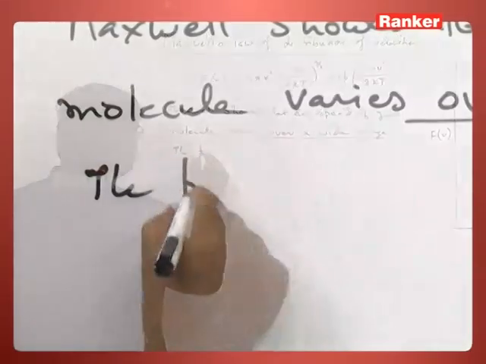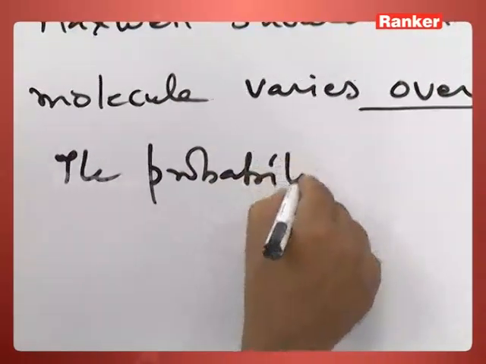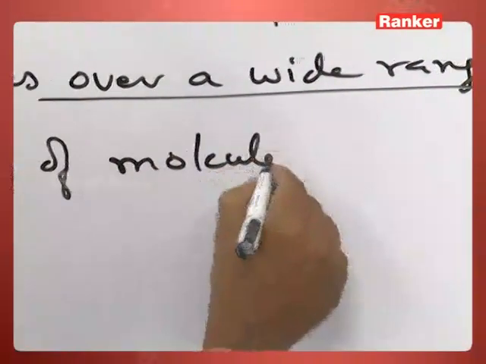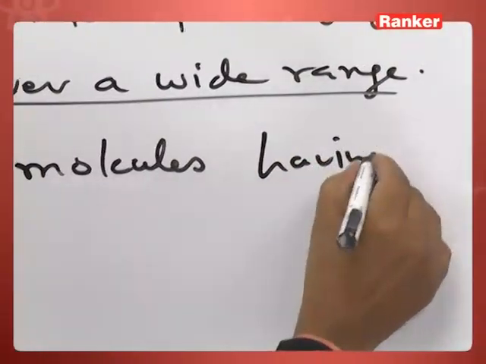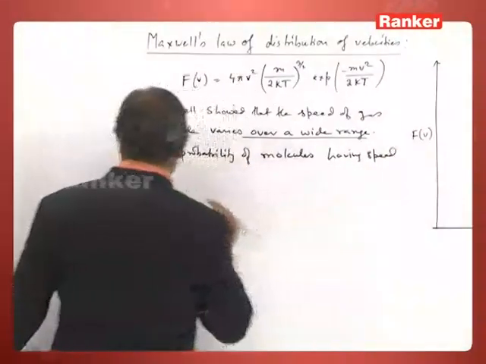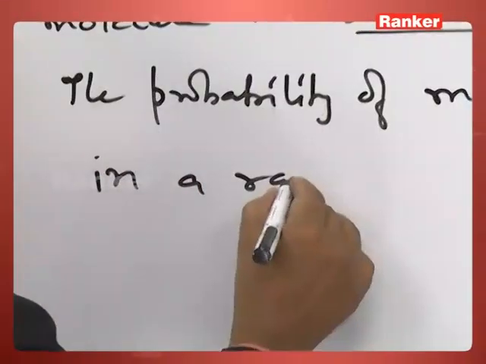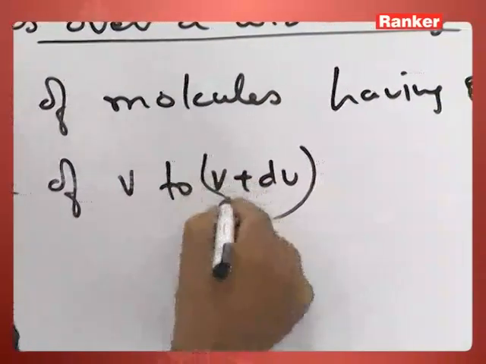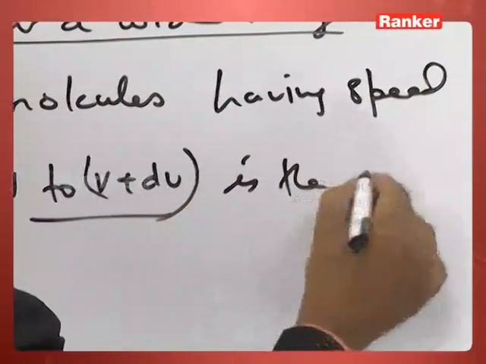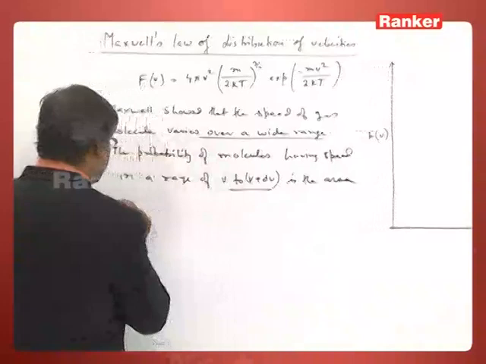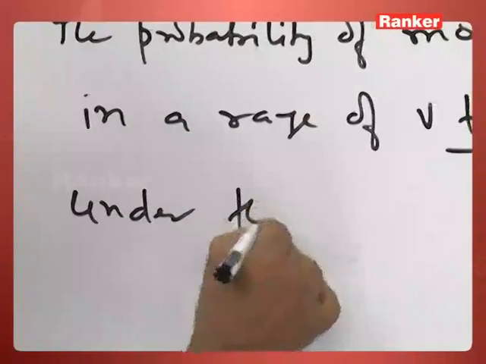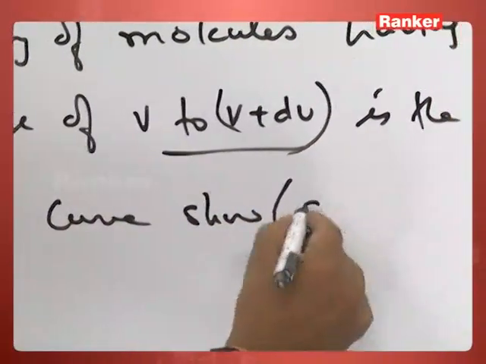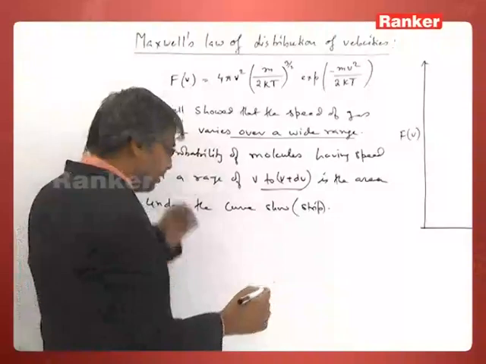The probability of molecules having speed in a range of v to v plus dv is the area under the curve shown, that is that strip, which I am going to draw.